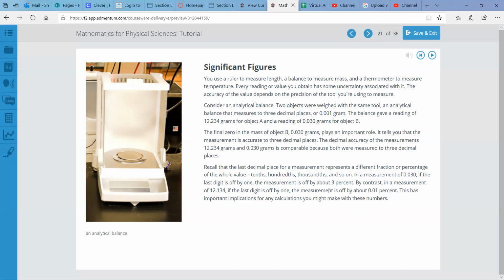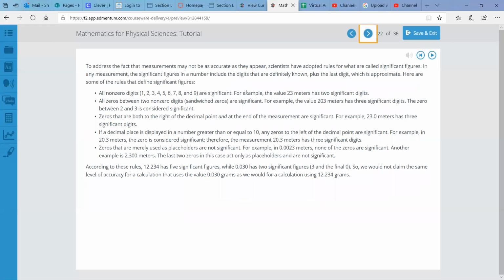So the more accurate it is, the less percentage of error you can find in an object measurement. And significant figures is this special use of the last digit.